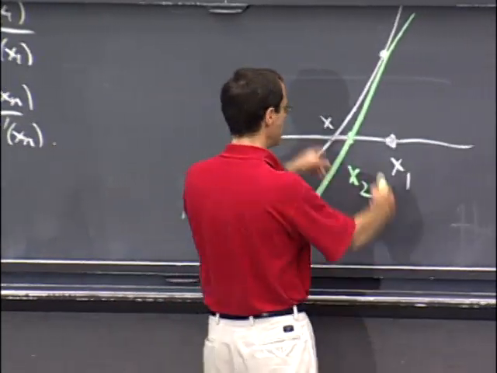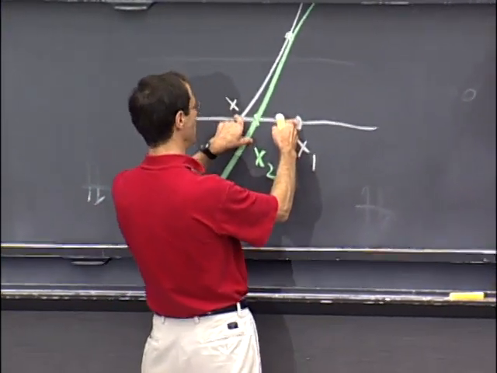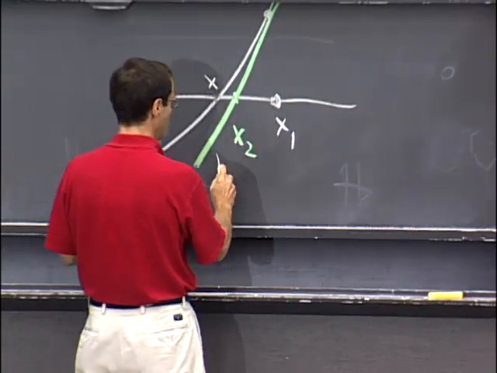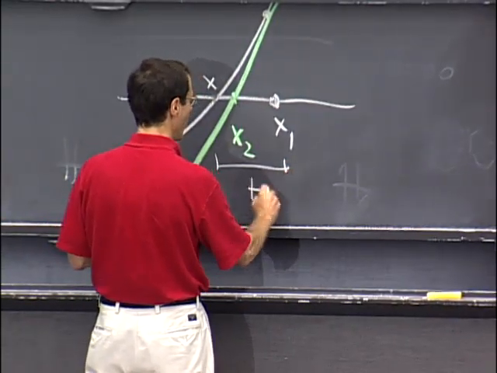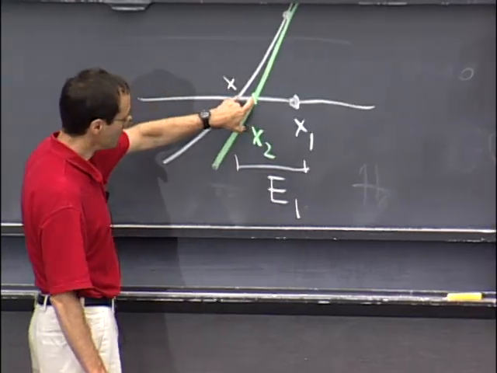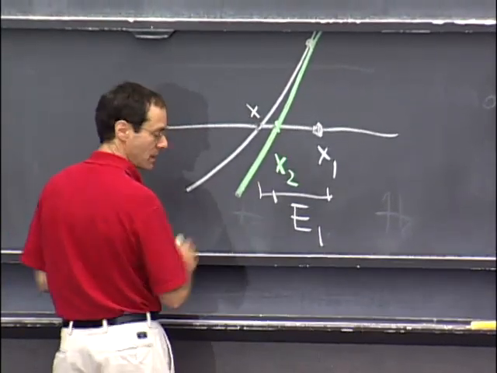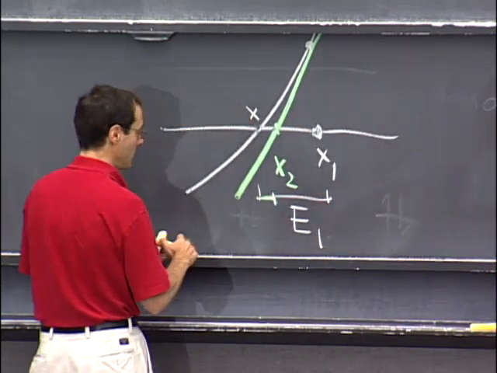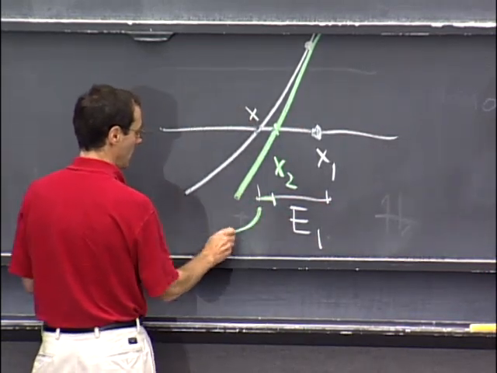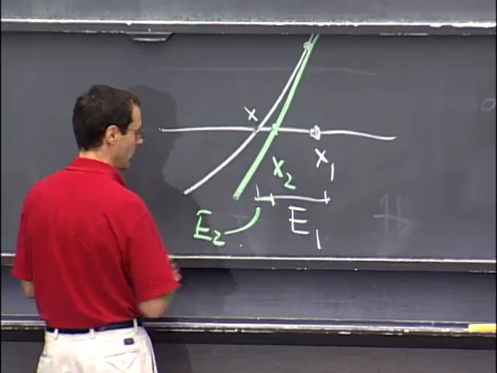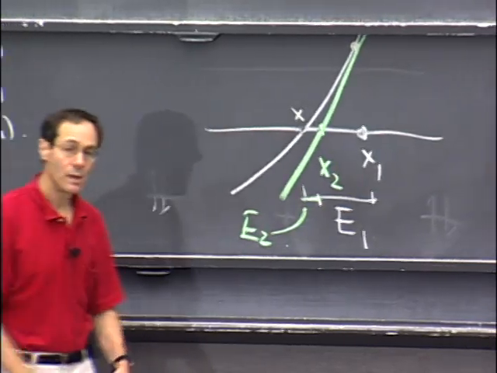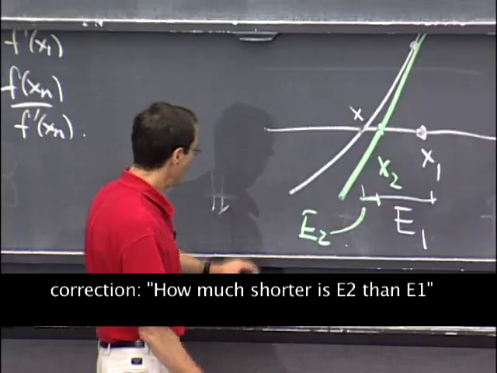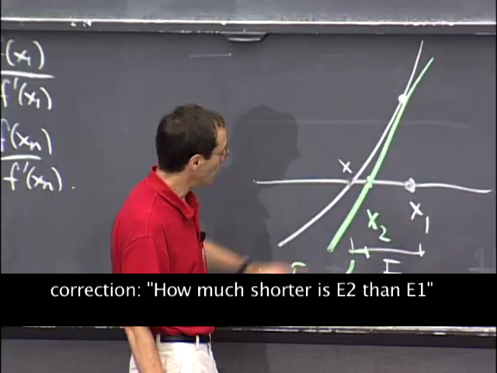So the first distance, again, this E1, is this distance here. And then this shorter distance here, this little bit, which I'll mark maybe in green, is E2. So how much shorter is E2 than E1? Well, the idea is pretty simple.